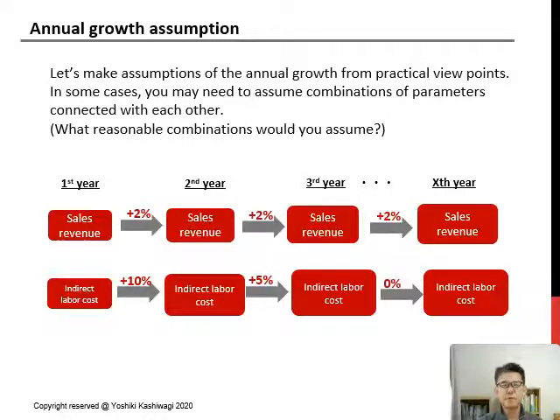That's 2%. Yes, my business will grow by 2% every year. You use this 2% as an annual growth rate. But this is too simple. If you think this is too simple, then for example, the next line, the next chart, indirect labor costs. What do you think about labor cost growth in the future?